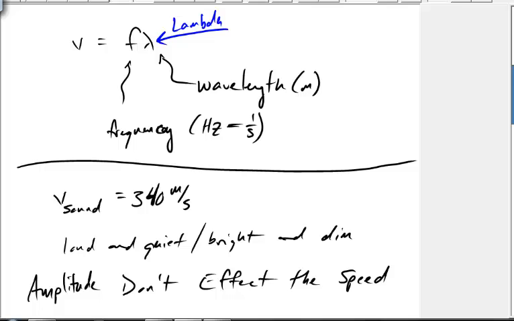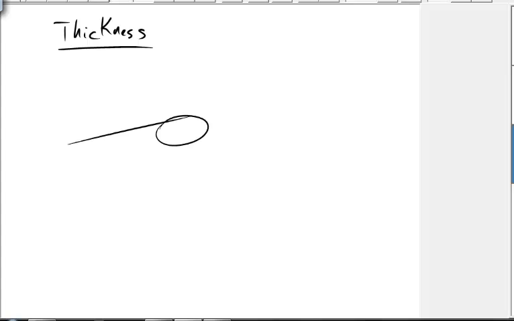The other factor that we tested today in the investigation was the thickness of the string. So you do your setup, you've got your cup, and you've got your string, and it hangs over this pulley, and it's got some weight. And you pluck the string, and you make some noise.